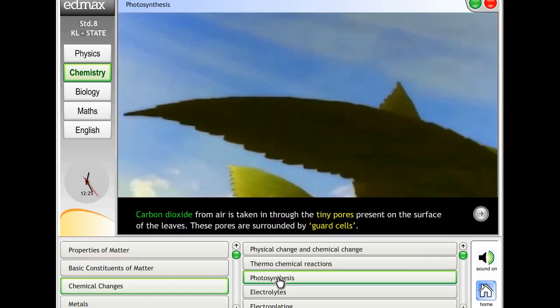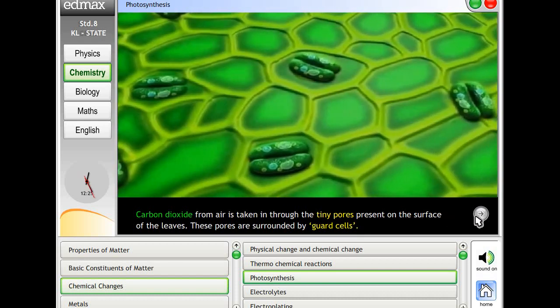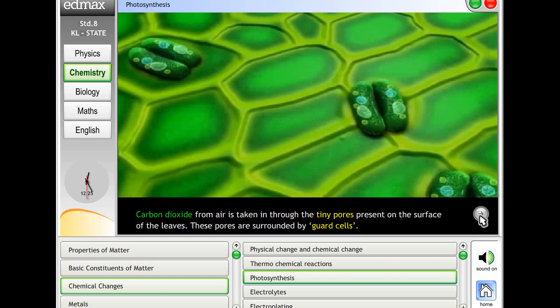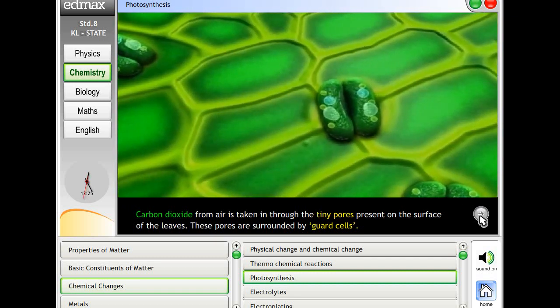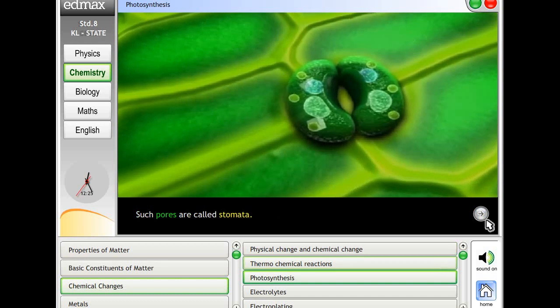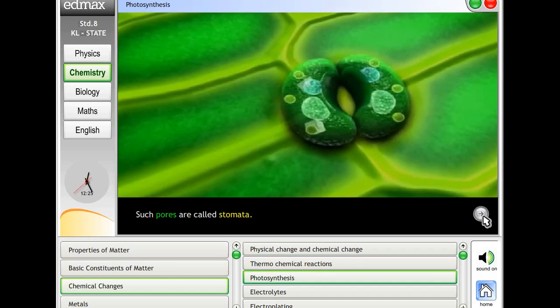Photosynthesis. Carbon dioxide from air is taken in through the tiny pores present on the surface of the leaves. These pores are surrounded by guard cells. Such pores are called stomata.